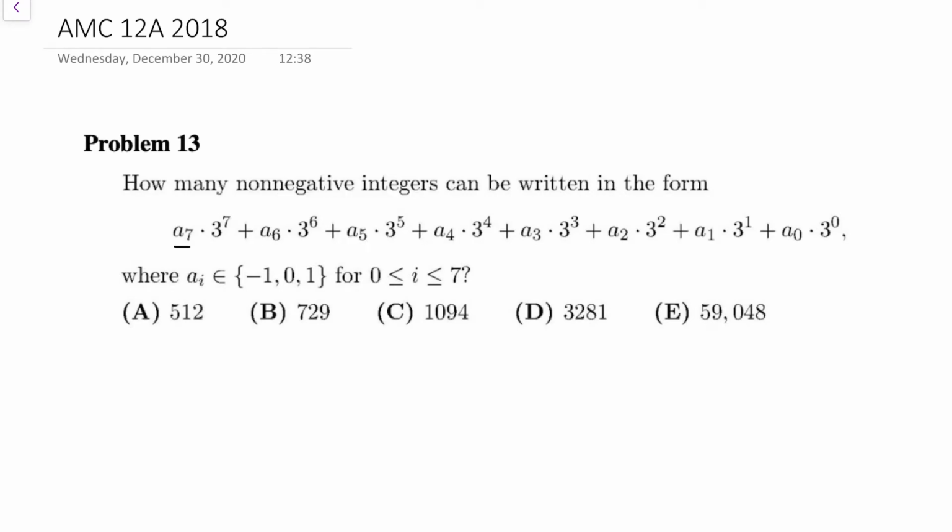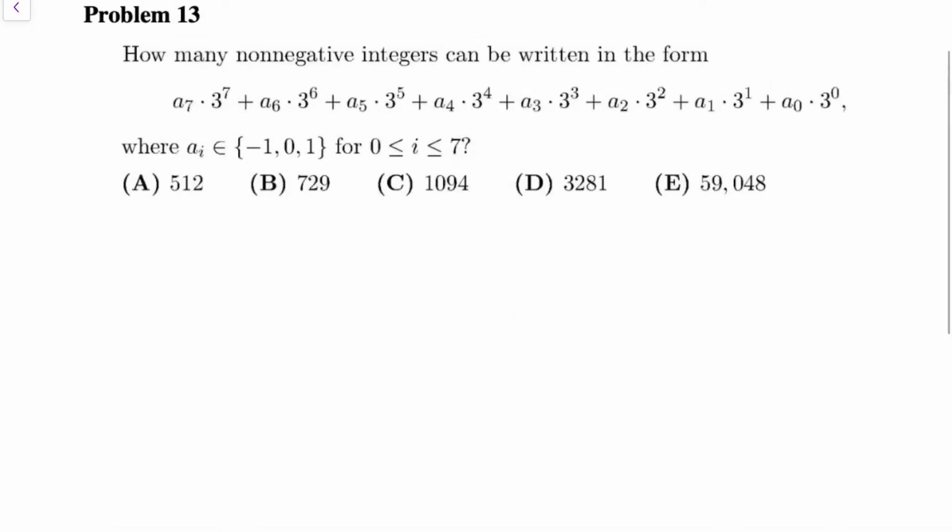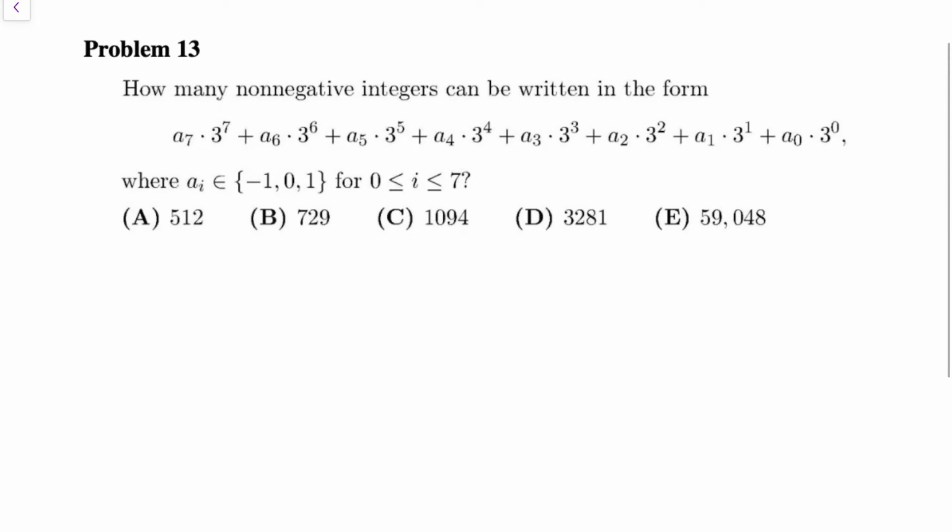So let's begin. The question asks, how many non-negative integers can be written in this form, where a_i is within the set of -1, 0, and 1 for 0 ≤ i ≤ 7.